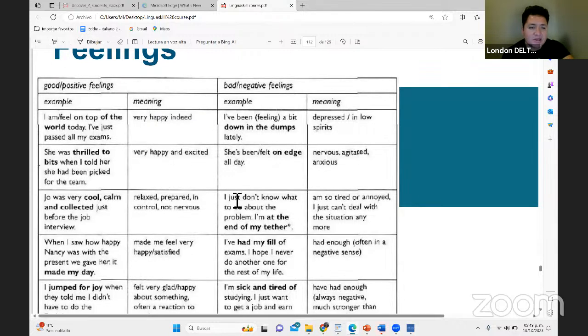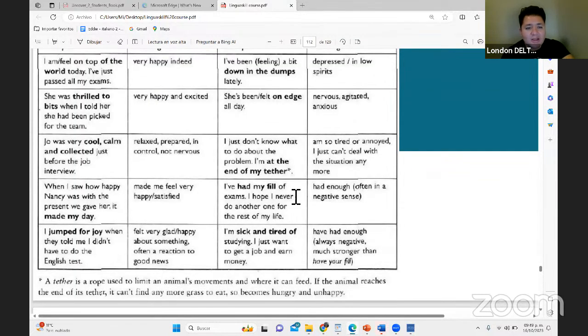You can say that someone is nervous in a good way, for example, because they're going to get married. So you can say, I am thrilled to bits. But if you are nervous in a very bad way, you can say, I feel on the edge. So these kinds of expressions, if you use them in the exam, you're going to have a very good result.